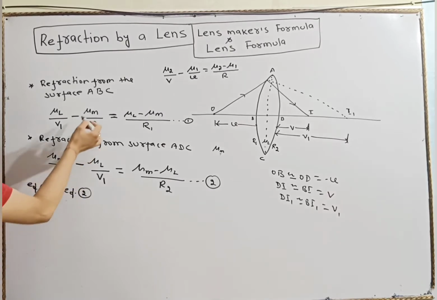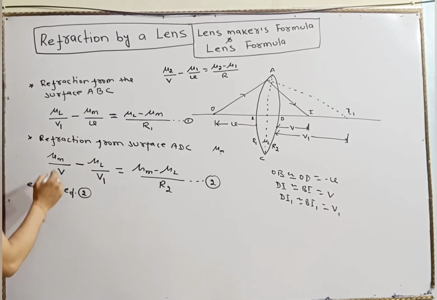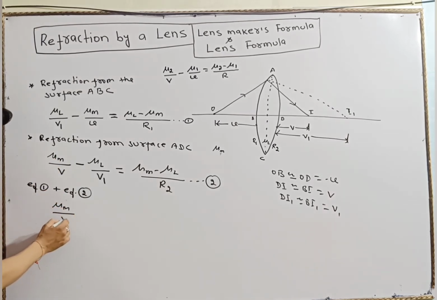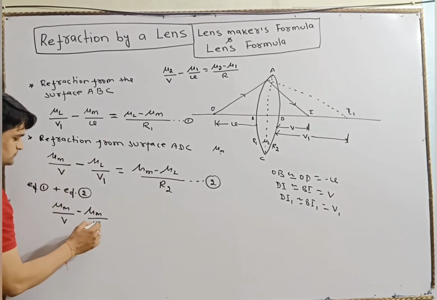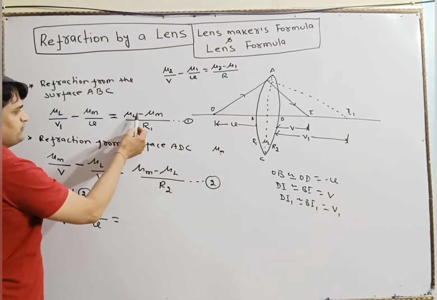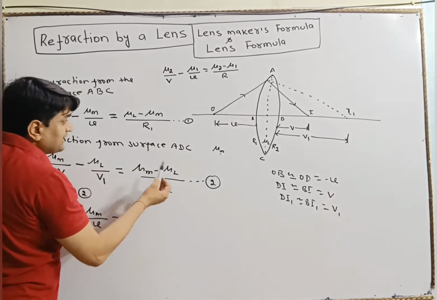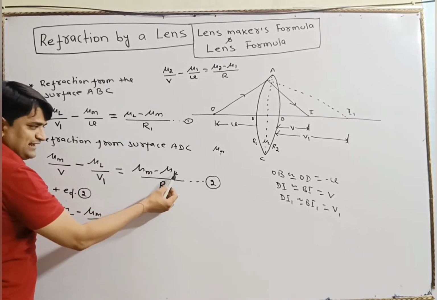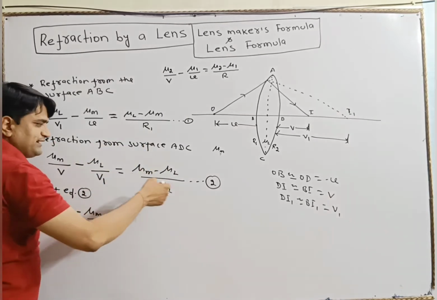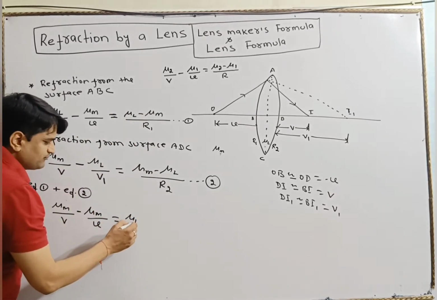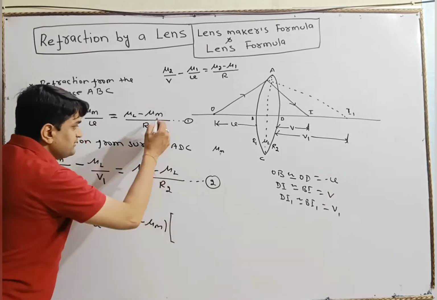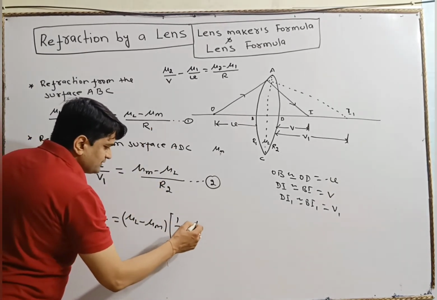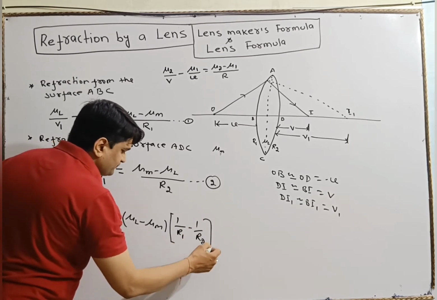Here is mu M upon V and minus mu M upon U. So the result will be mu M upon V minus mu M upon U. On the right side, mu L minus mu M, and here mu M minus mu L. If I take mu L minus mu M as common, it becomes 1 upon R1 minus 1 upon R2.